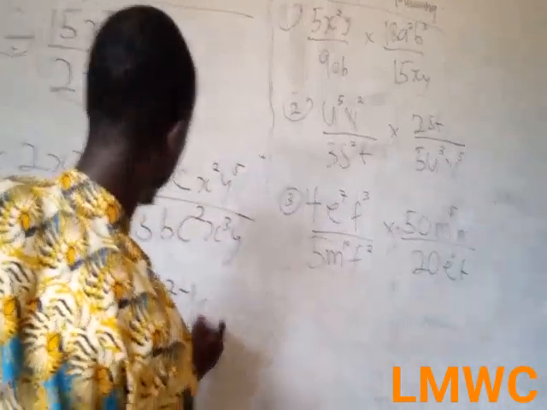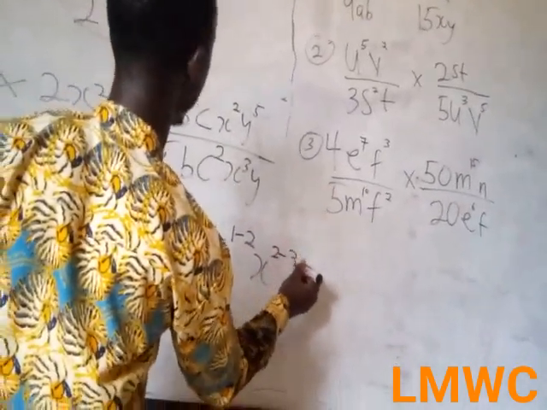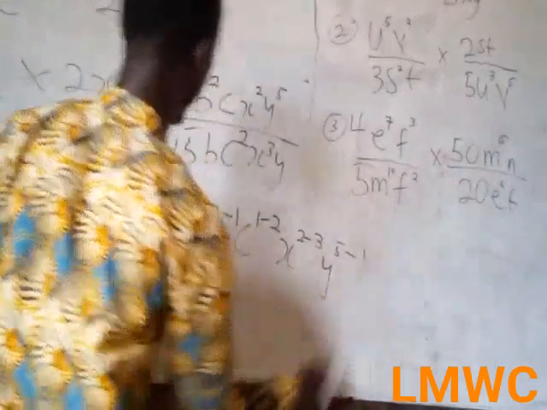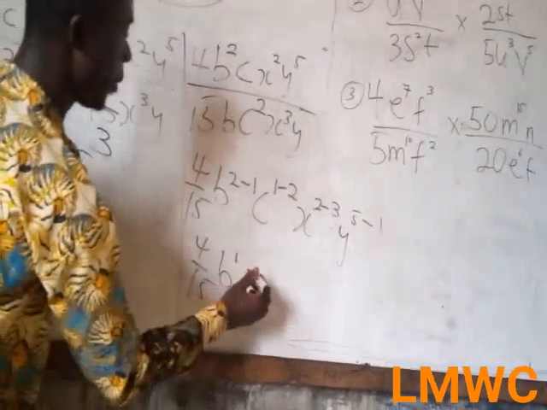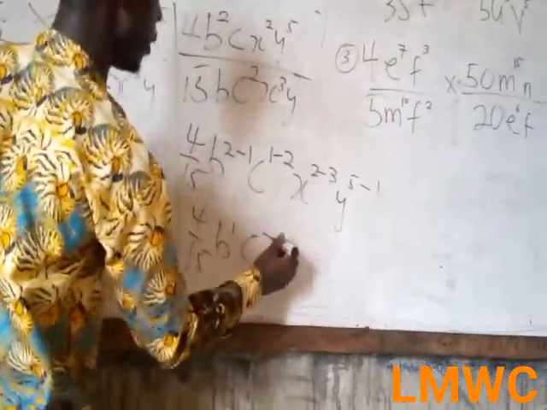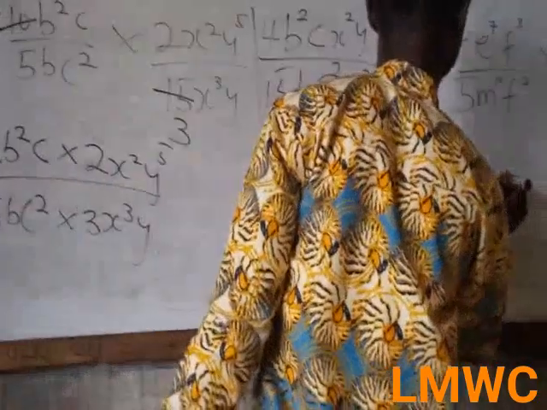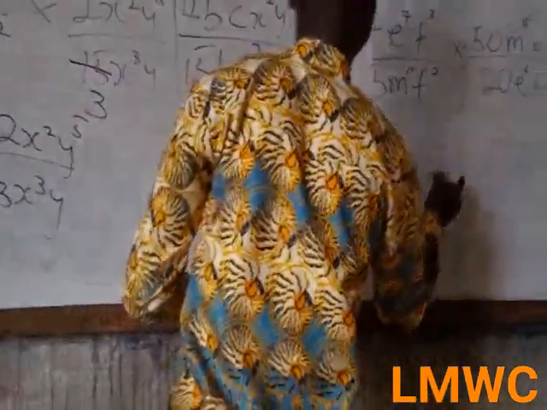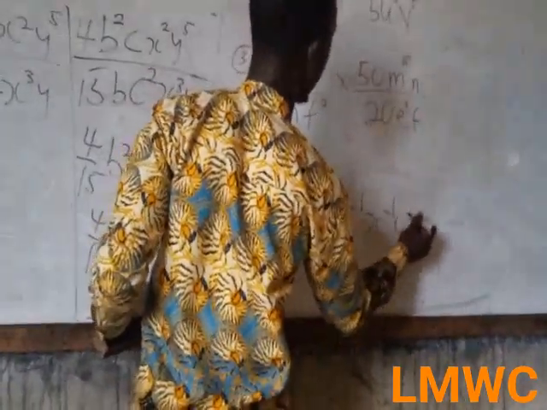So c^(1 minus 2), x^(2 minus 3), y^(5 minus 1). So 4 over 15, b^(2 minus 1) is b^1, c^(1 minus 2) is negative 1, x^(2 minus 3) is negative 1, y^(5 minus 1) is 4. So this is the same as 4 over 15 b, c power negative 1, x power negative 1, and y power 4.